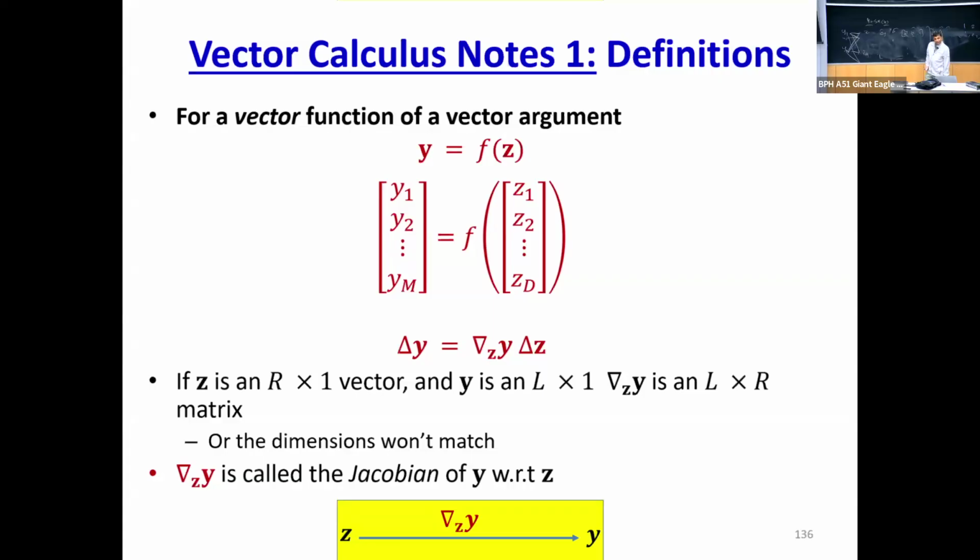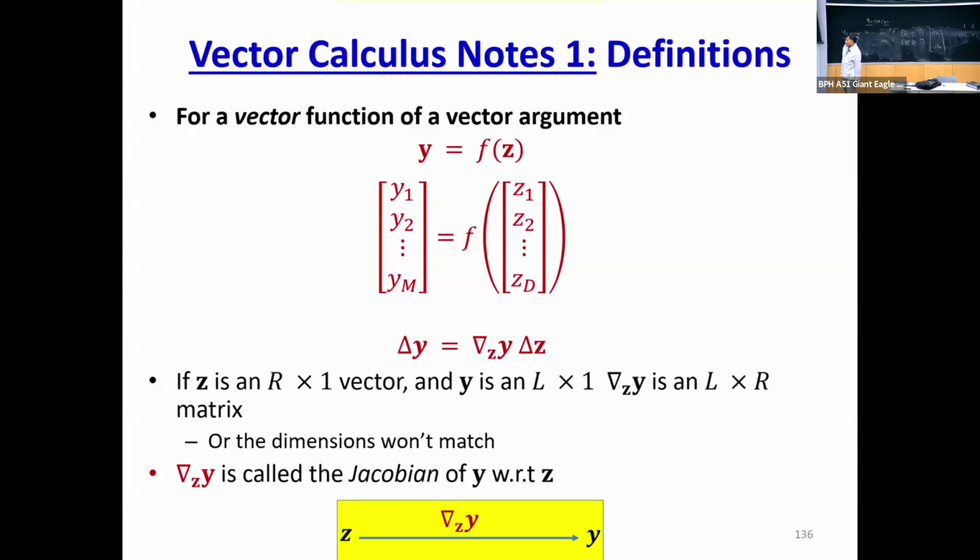If y is a vector, what is a vector? A vector is just a vertical stacking of scalars, correct? So I can just write this as delta y1, delta y2, and so on, again the same thing: partial of y2 with respect to z1, partial of y2 with respect to z2, and so on.